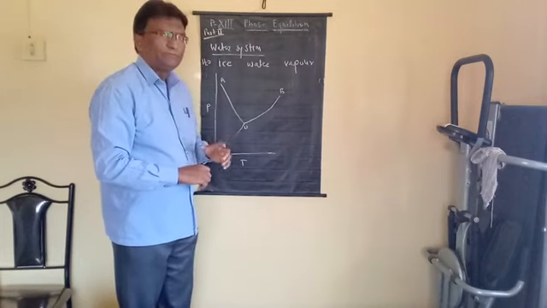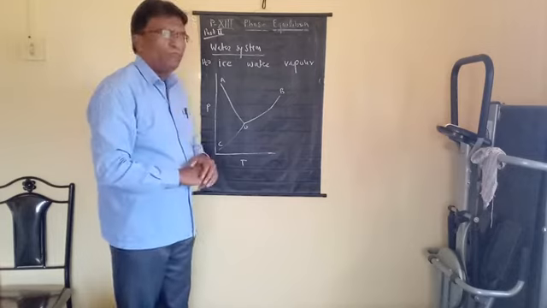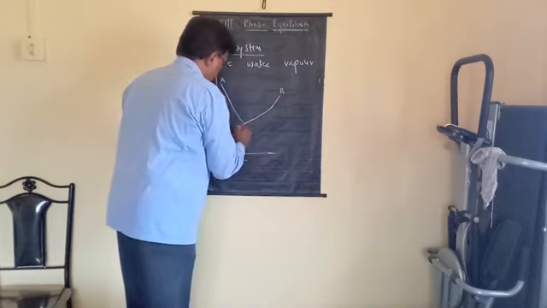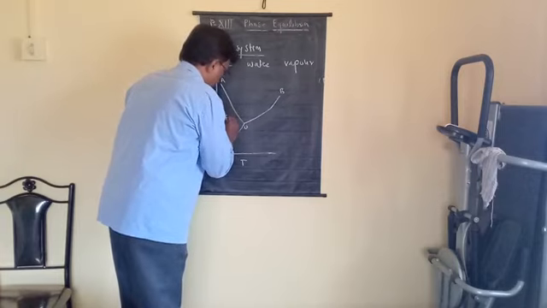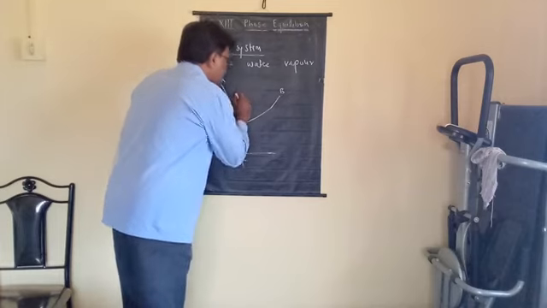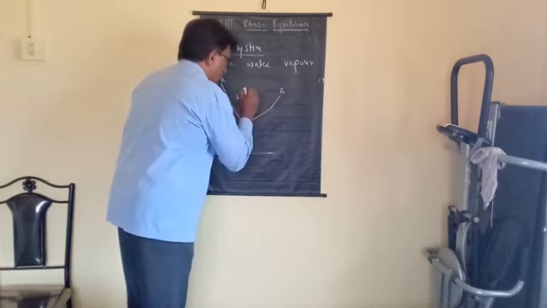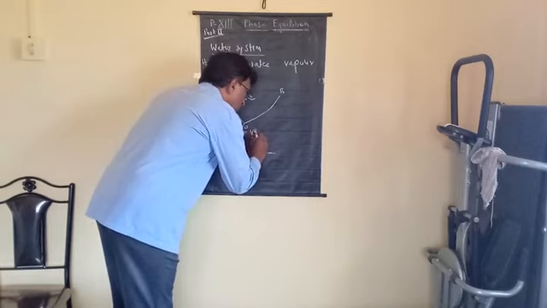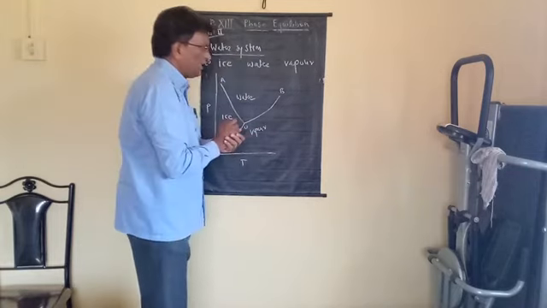Each area consists of one phase in equilibrium. Area AOC consists of the ice phase, area AOB consists of the water phase, and area BOC consists of the vapor phase in equilibrium.